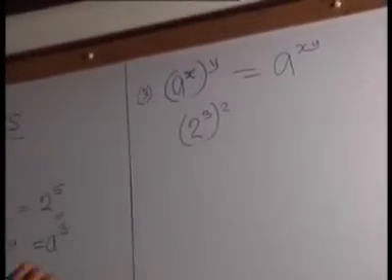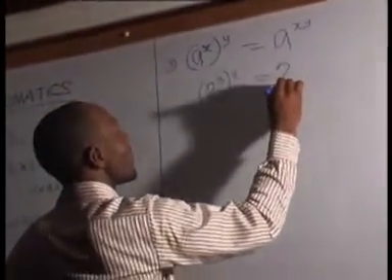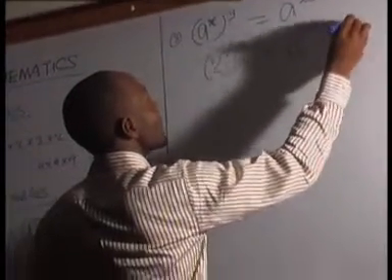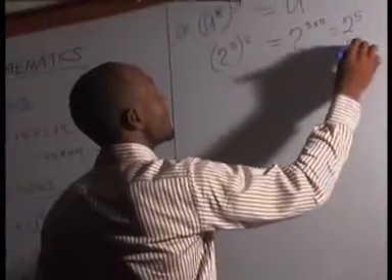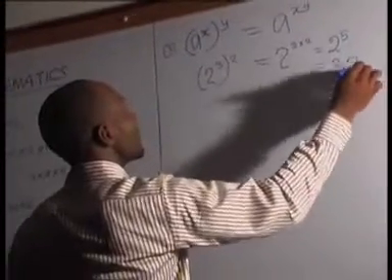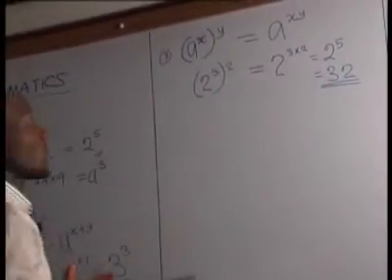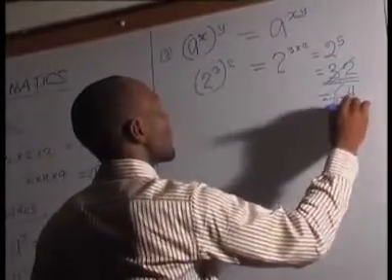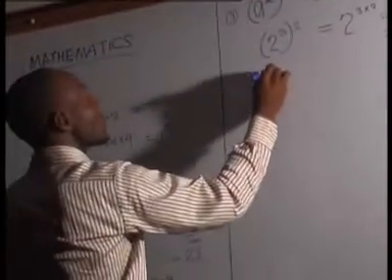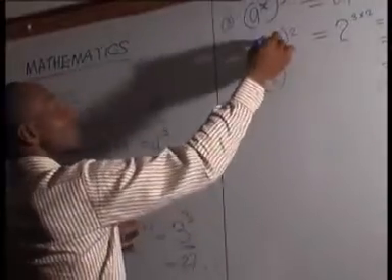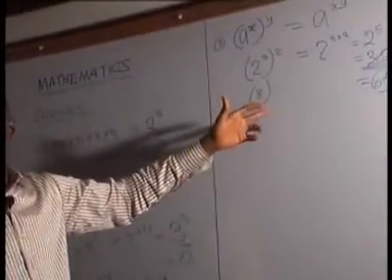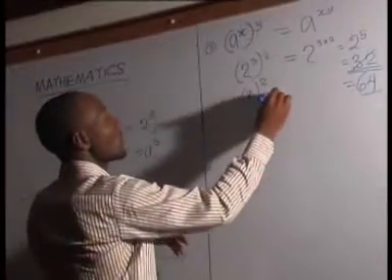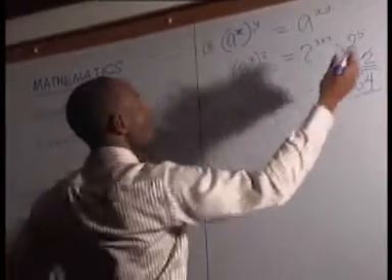You are going to have 2 raised to power 3 times 2, which is what? 2 raised to power 6. 2 raised to power 6 is what? 64. If you look at it very well, 2 raised to power 3 is what? 8. Am I still correct? 2 raised to power 3 is 8. Square. 8 squared is what? Is it not 64? Yes. 64. So, you're actually good too.